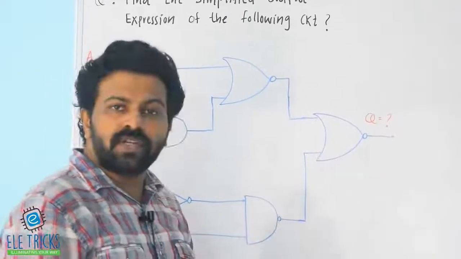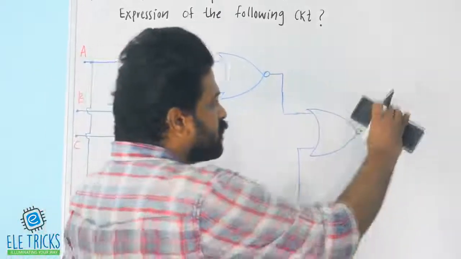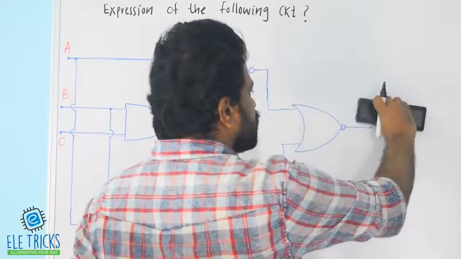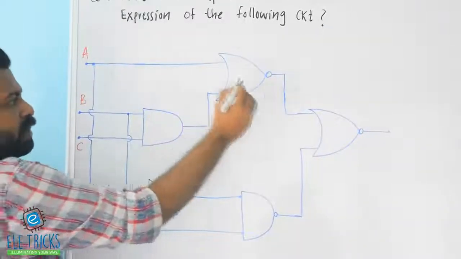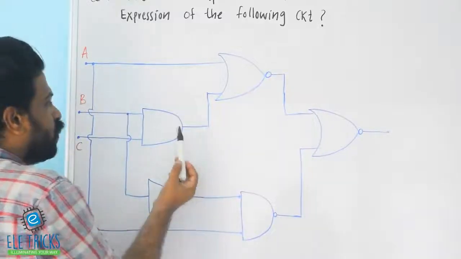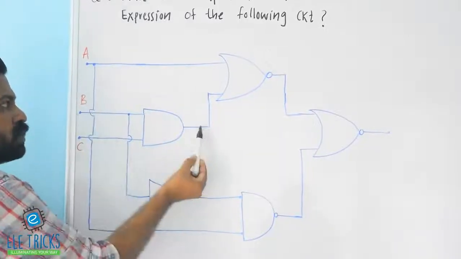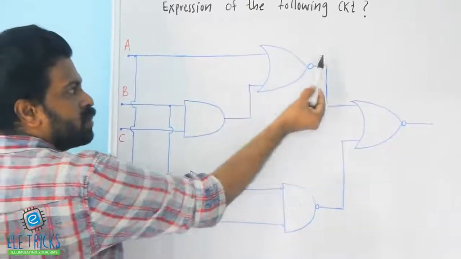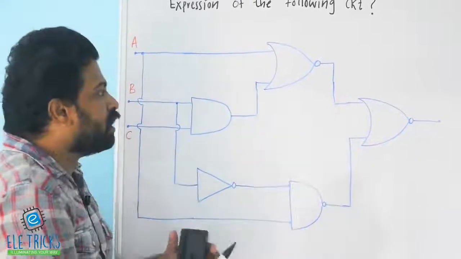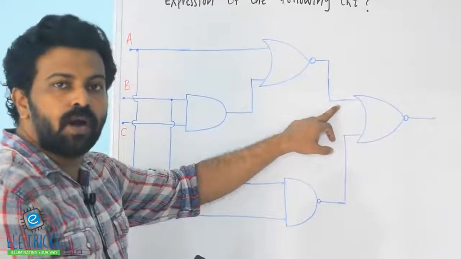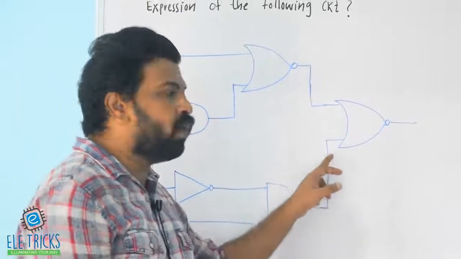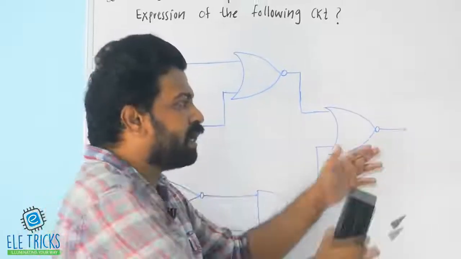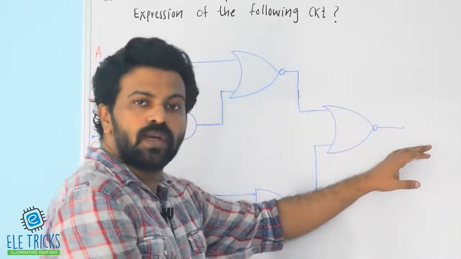So the conventional way of doing this problem, you might have done it in your classes, is that we write the expression at each and every node. Here the expression is B into C, here it is A. So the expression here will be A plus BC whole bar. Similarly, we will write the expressions at each and every node, and ultimately we will get a big expression at the output node.